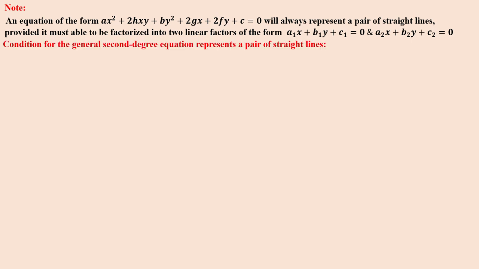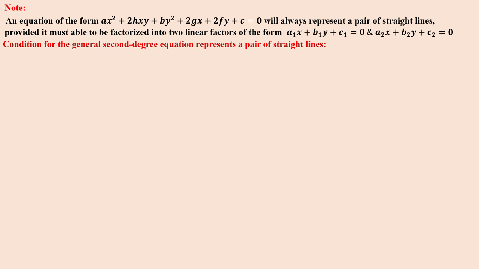Normally, the second degree equation ax² + 2hxy + by² + 2gx + 2fy + c = 0, we are taking as a representation of a pair of straight lines in this topic.